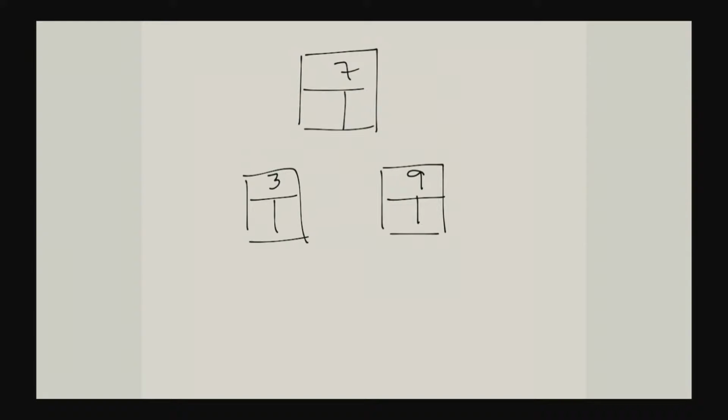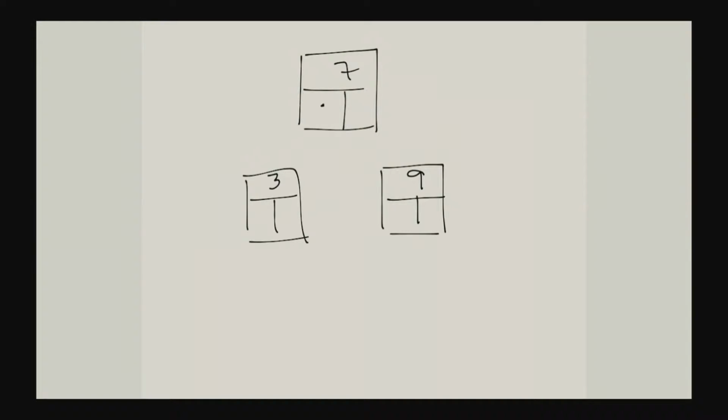So let me pull up a new page. And now we're going to draw a tree that has 7 at the root, and then 3 inside of the left child, and 9 inside of the right child. So again, this is pretty simple. Got 7. Draw a node for 3, and a node for 9.